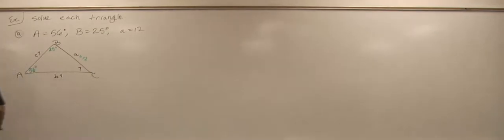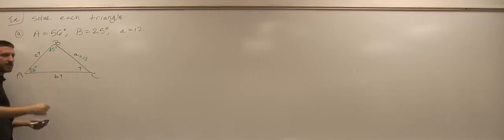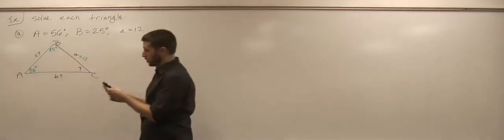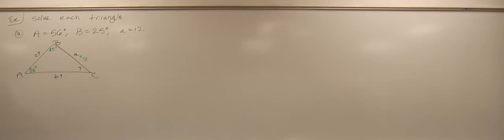So we have to solve this triangle. What are we going to solve for first? Big C, please, right? Because you know two of the angles, so you can get the third angle by doing 180 minus the other two. So this is the case we talked about a little bit.